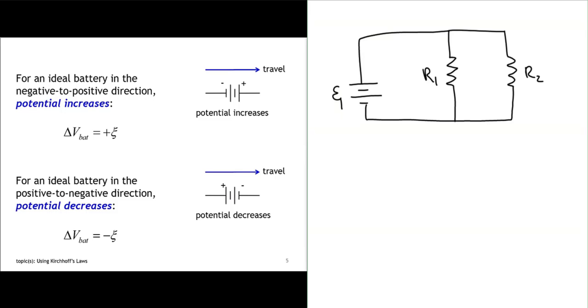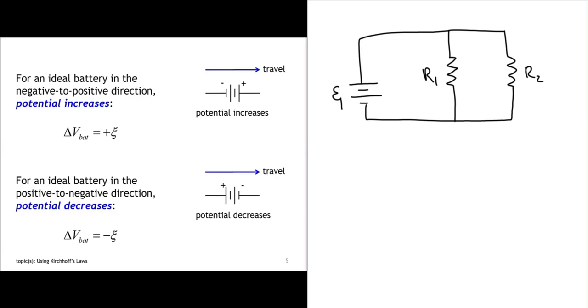When we are evaluating circuits, you individually have to decide on the direction that you choose to evaluate, in other words, the direction that you choose to apply Kirchhoff's law for voltage.